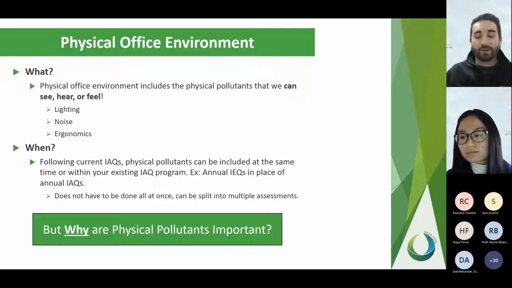And that way you can create a record and you can see how things change over the years. And let's say you do change the physical environment, you can see, was that a positive change or was that a negative change? And that's going to lead my way into why these physical pollutants are important. And that's the next slide here.